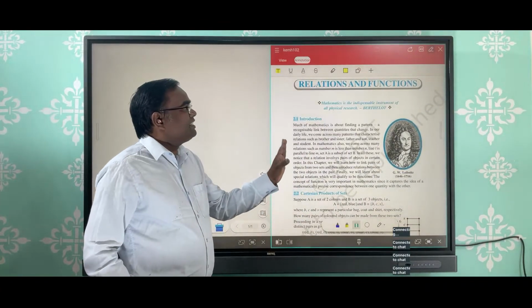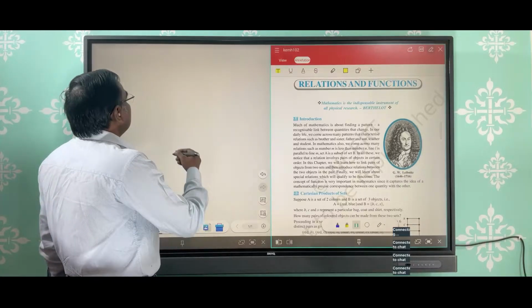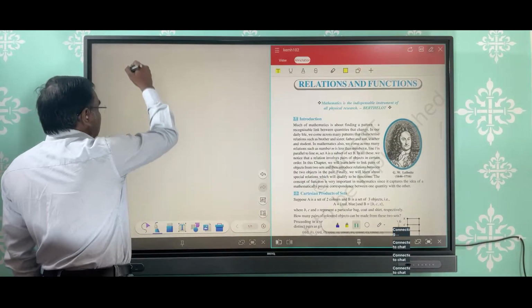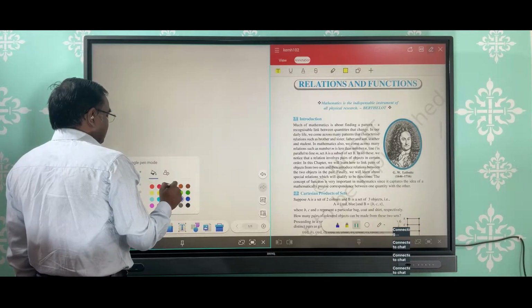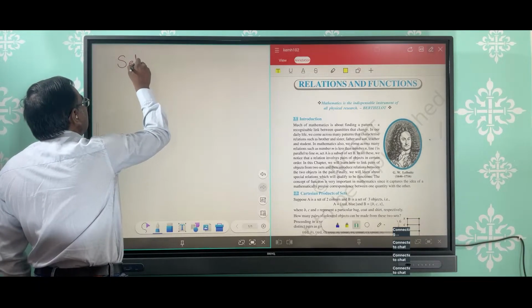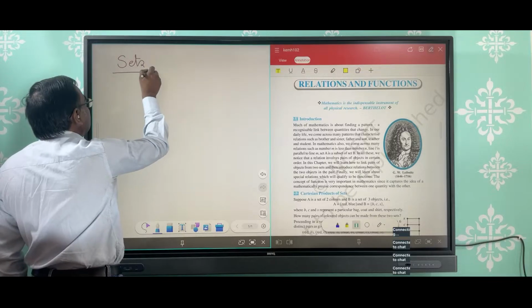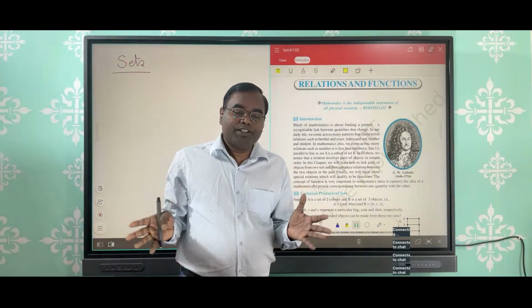Relations and functions. So, बच्चों, you know about sets. I have discussed sets and their different properties.